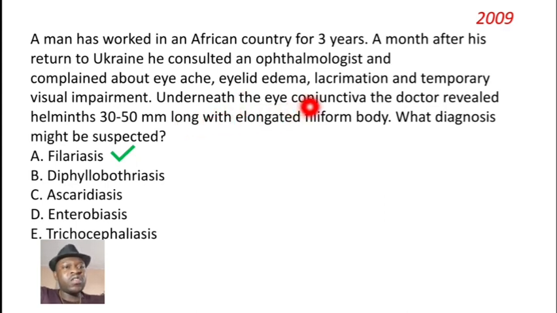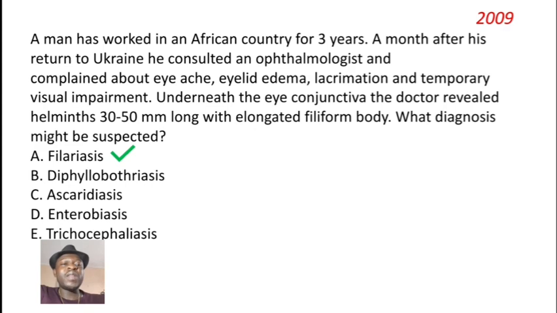Underneath the eye conjunctiva, the doctor revealed a helminth of 30 to 50 millimeters, that's 3 to 5 centimeters long, with a filiform body. What diagnosis is this, right? So this one is filariasis, right?